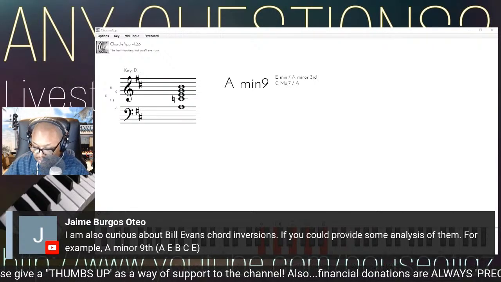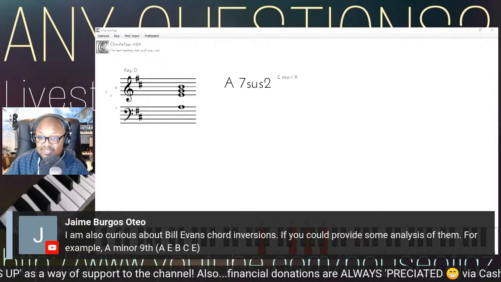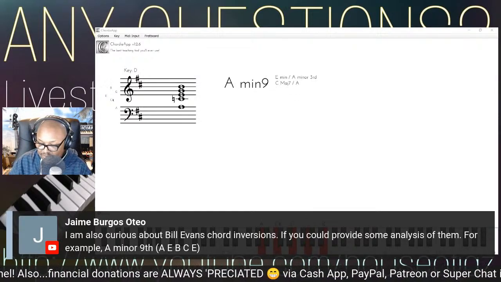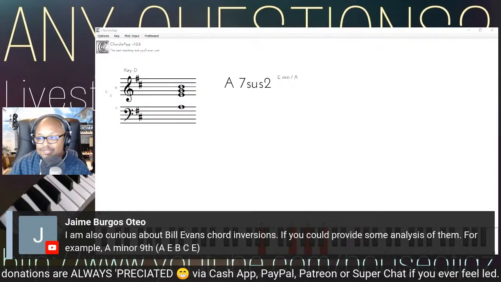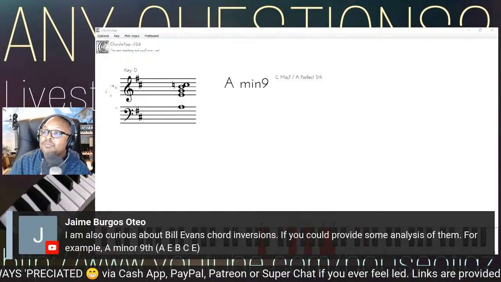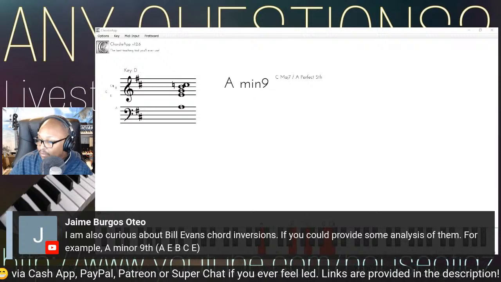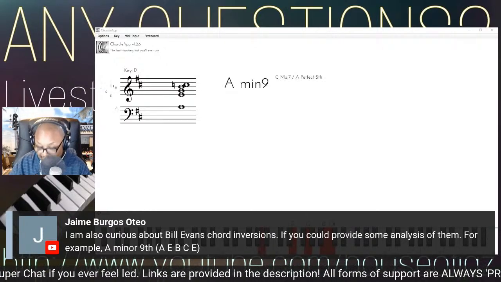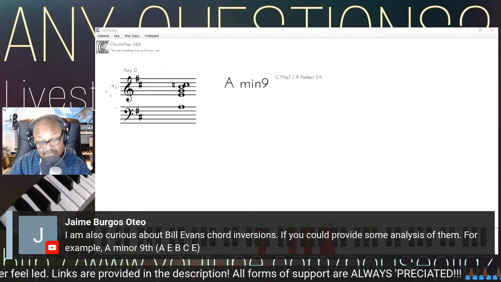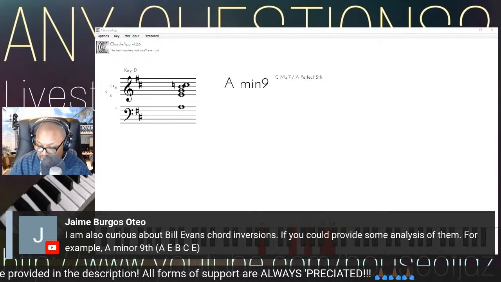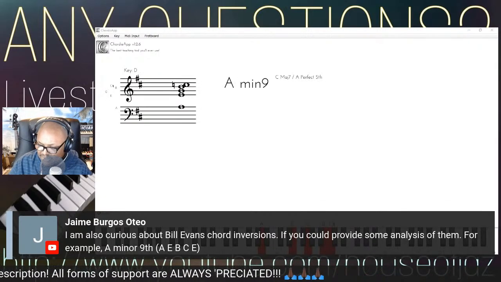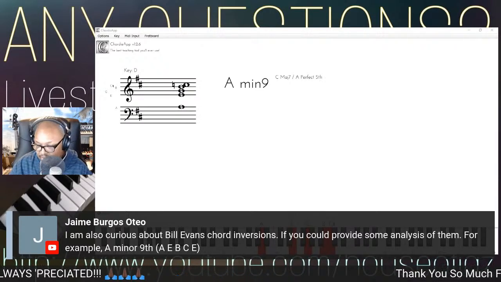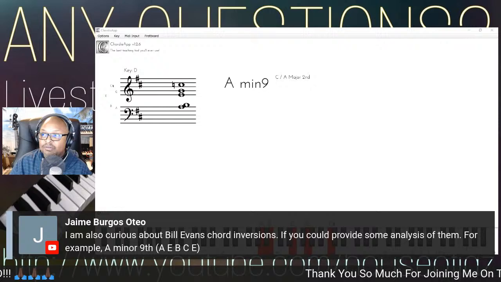However, you do not have to play this C right here. Let's say you say, you know what, I don't like to play the C, I want to play the C up here. Well, guess what? If you play the C up here, it's still an A minor 9 chord, because you're playing A, C, E, G, B. Now you might say, well, I don't want to play this B right here, I don't like it, so I want to play it right here.